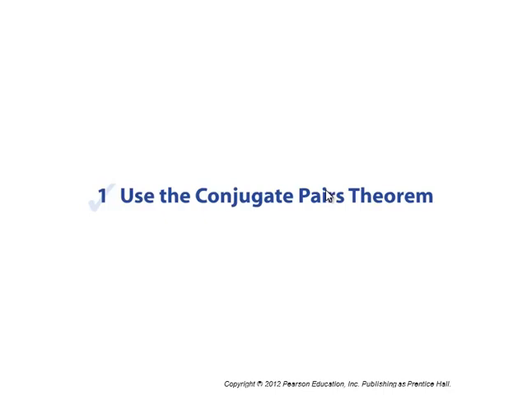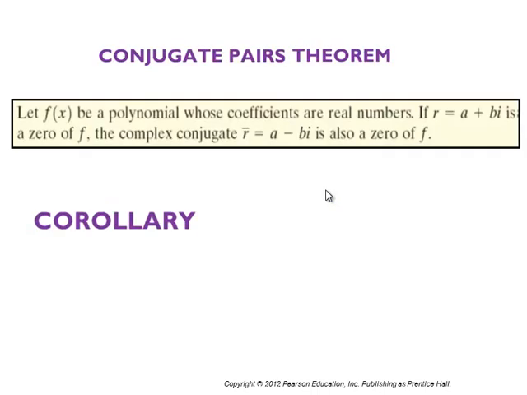Now, if you happen to know that a certain complex number is a root or a zero, and that polynomial has real coefficients, then we're guaranteed that the conjugate of that complex root is also going to be a zero.